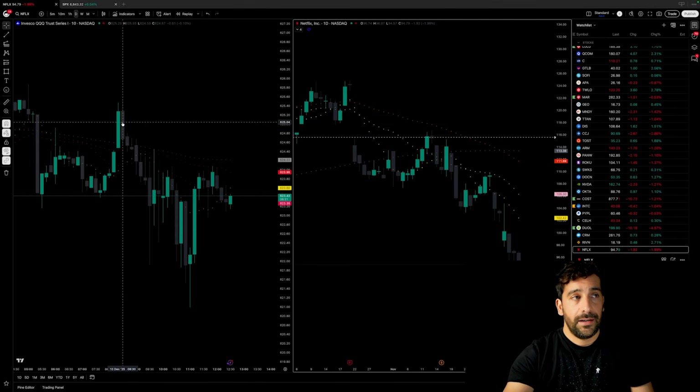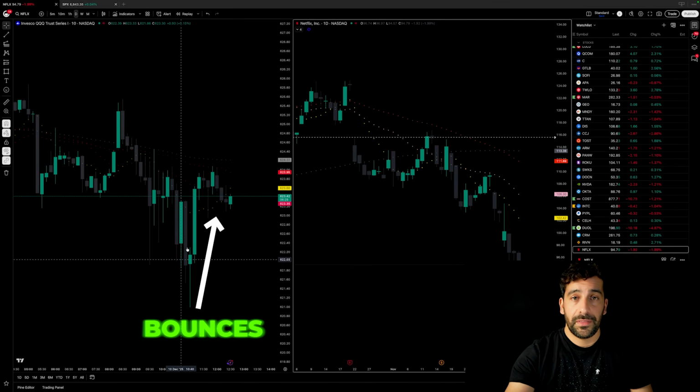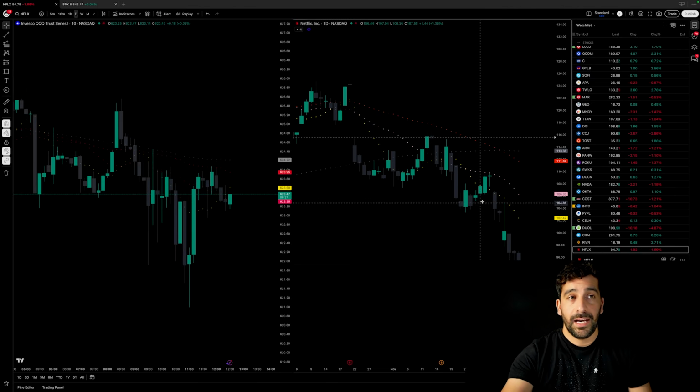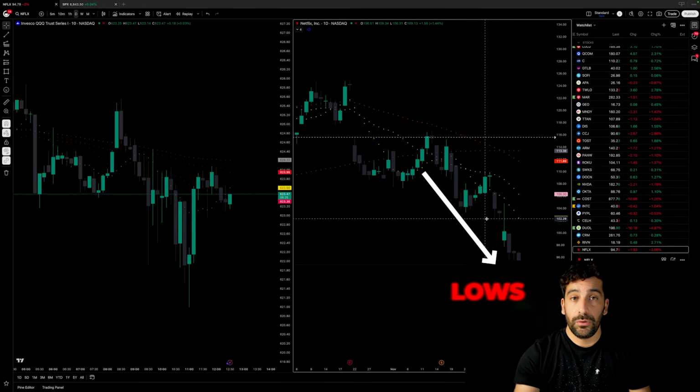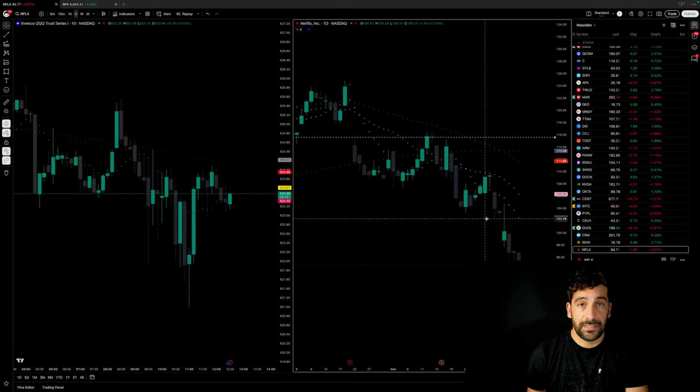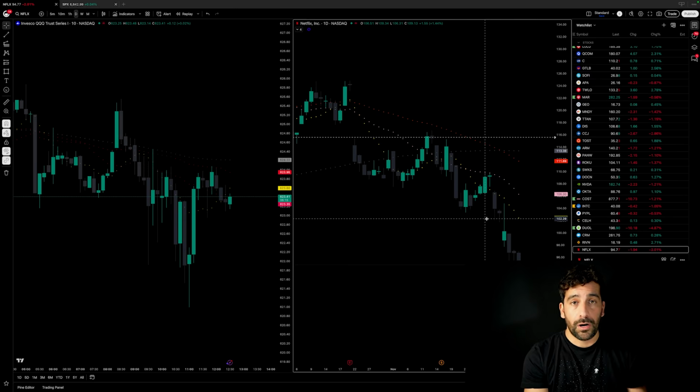If you see that QQQ is moving lower and then bounces, but at the same time Netflix is making new lows, that is obviously relative weakness. Netflix is relatively weak to QQQ, or QQQ is relatively strong to Netflix.